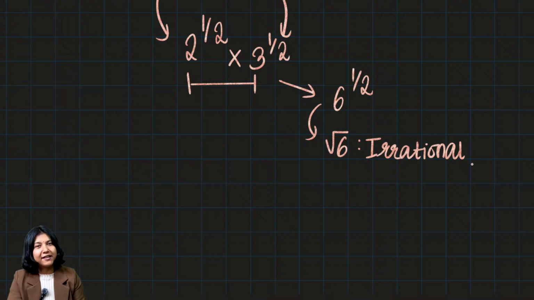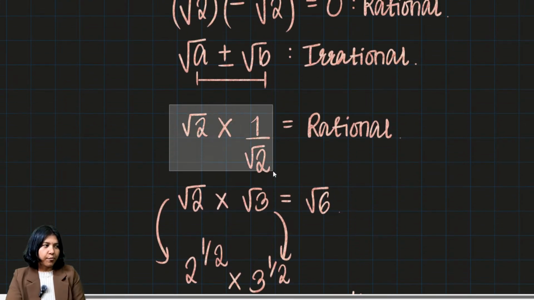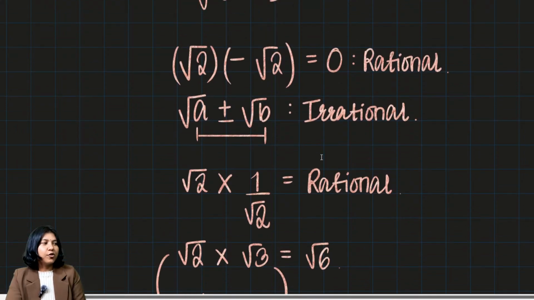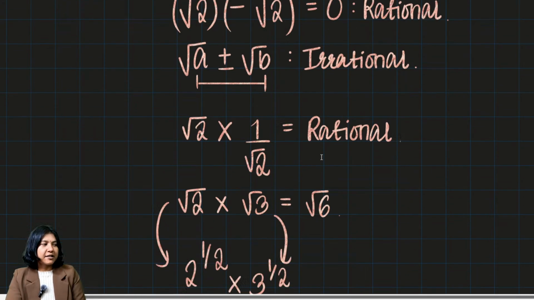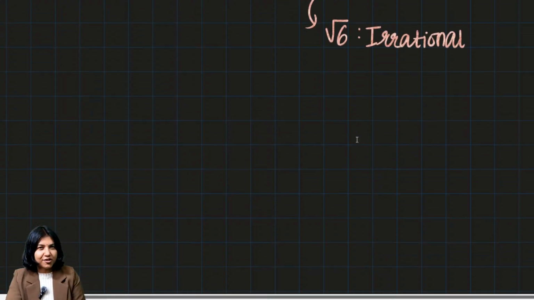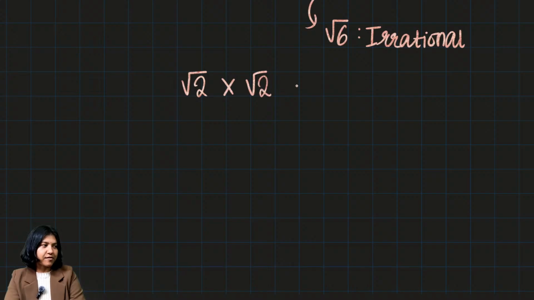So they might ask you to cite many examples. Don't forget about these reciprocal numbers which are both irrational but their product is rational. Similarly, if you multiply square root 2 with square root 2, then what happens?